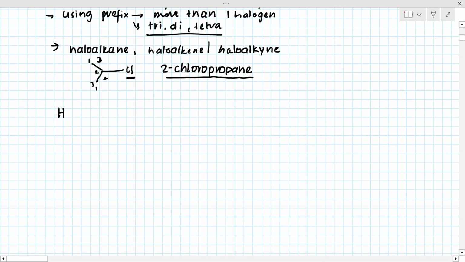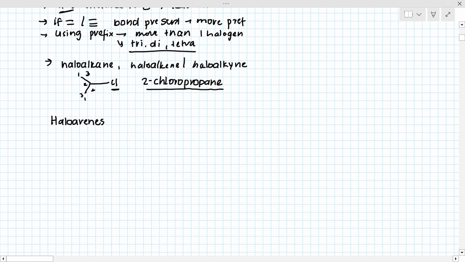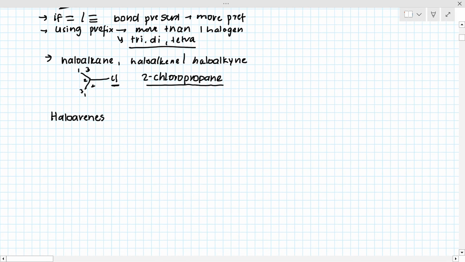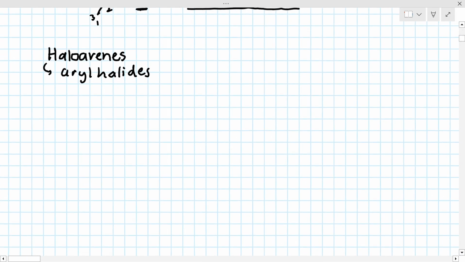Now going to haloarenes. First rule of haloarenes: these are also called aryl halides, which I've already mentioned. Just in case we use these terms later, you should not get confused.